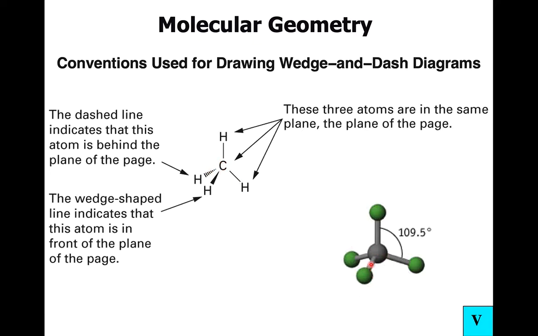And then the question is, this hydrogen in a three-dimensional structure would be coming out of the screen towards you. In a 3D structure, this one would be behind the screen. So this carbon and these three are all in the plane of the screen, whereas this one comes out and that one goes back. We render the one that goes back with the dashed line to show that it's receding, and we have the one that's coming out at you here as a bold line with a wedge. We call this a wedge and this a dash.